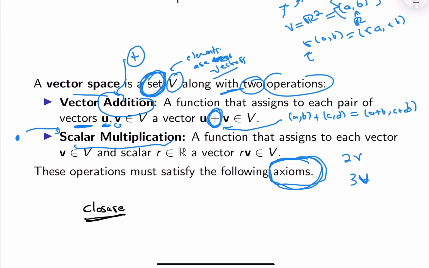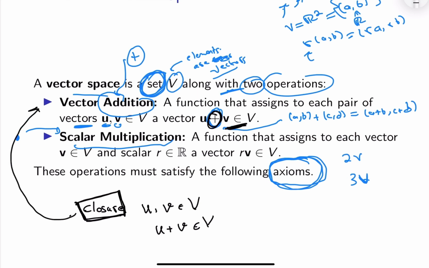By closure we mean that if we take any vector u and any vector v in the vector space V, we require that the addition of these two vectors remains in V. So when defining the addition for the vector space, we should ensure closure.